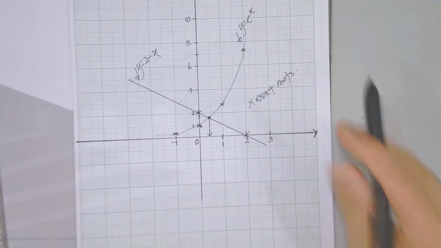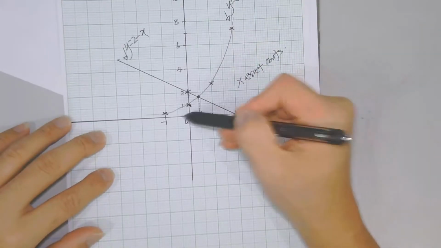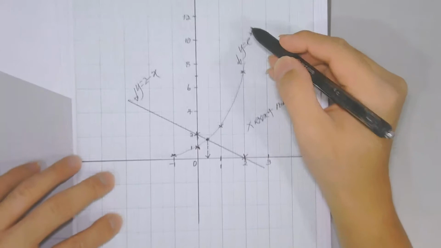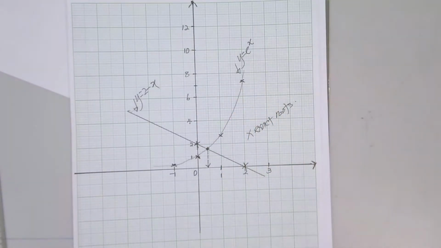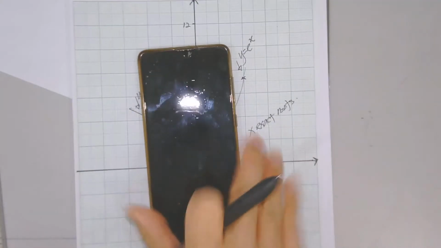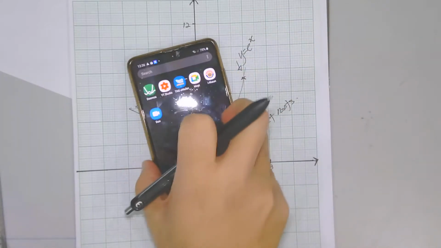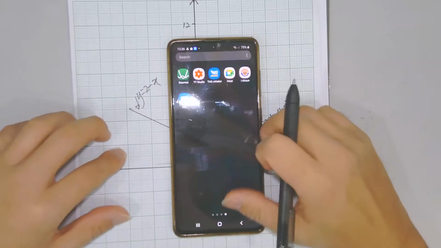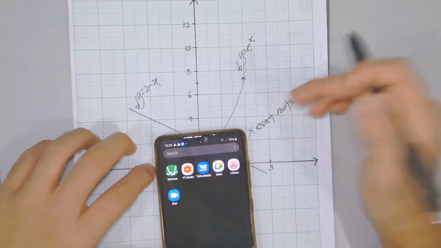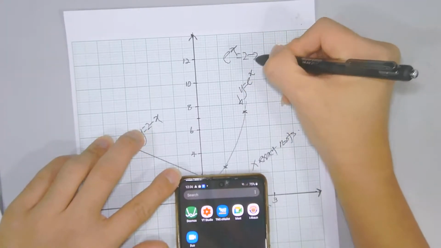So the first thing that we do is we know there is a root between 0 and 1 for this equation. I can show you by using an app on your phone, where you can solve the roots of e^x = 2 - x.